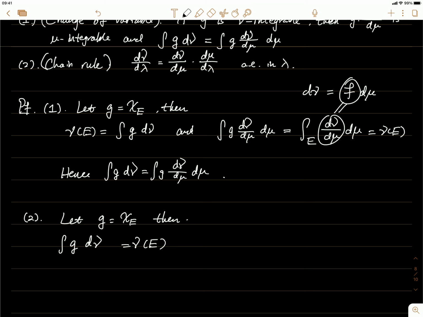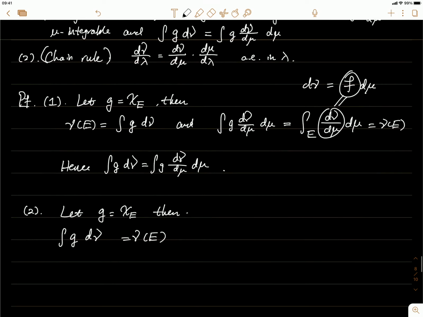And on the other hand, according to the chain rule, we know this is equal to G times d nu d mu times d mu. Okay, we know that, and that's equal to this.